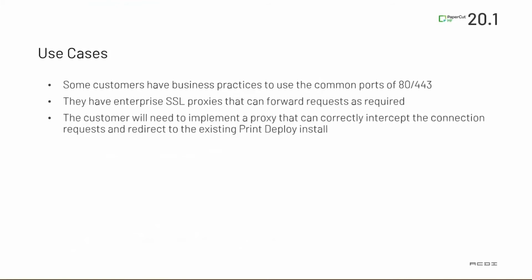Now, why would we need to do this? Well, take a look at the use cases here. There are times when the customer has other measures in place and they need the software to conform to their enterprise, not the other way around.